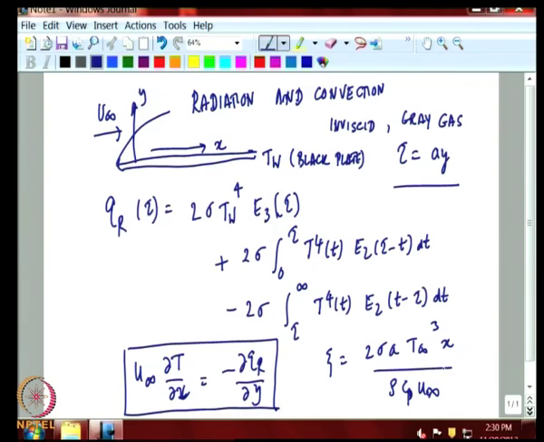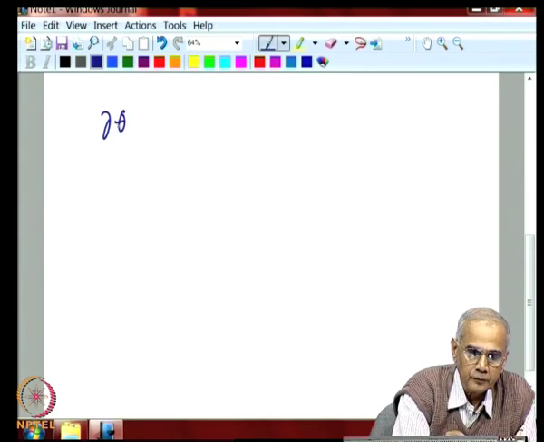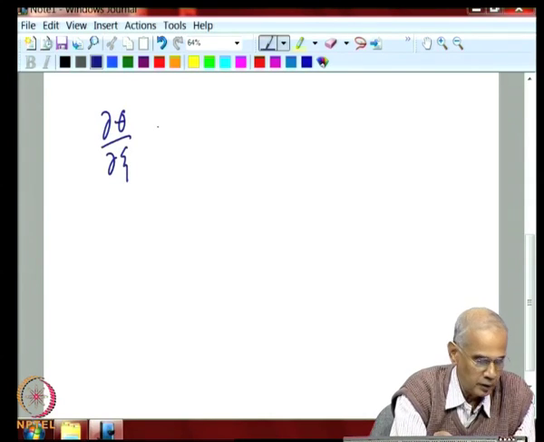where we have linearized the equation, because remember that convection depends linearly on temperature, while radiation depends on temperature to the power of 4. So, if you want to get a simple analytical solution, you need to linearize the radiative transfer equation, and once you linearize it, you get the following expression for the energy balance.